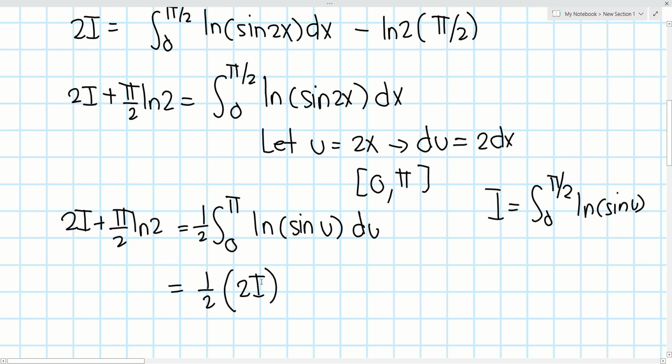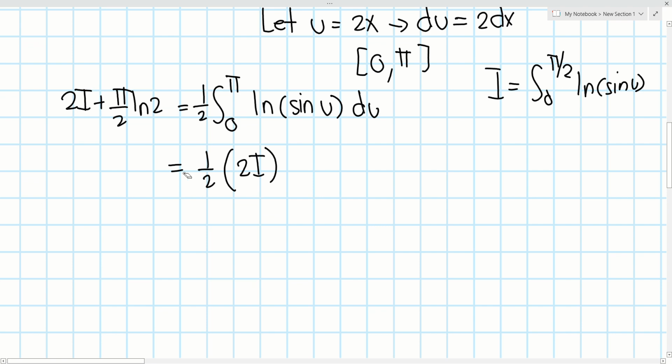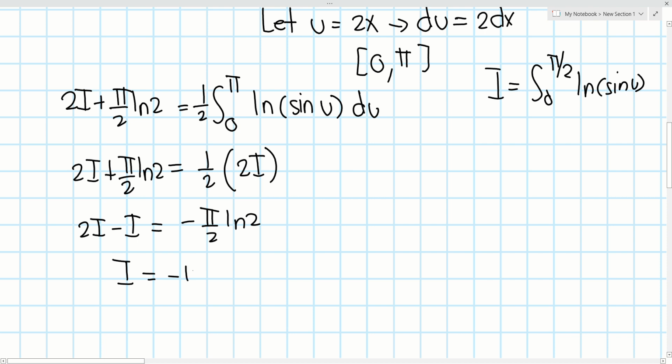Alright, so if that's 2I, you can simplify things. 2I plus pi over 2 ln 2, and then we get 2I minus I is equal to minus pi over 2 ln 2. Then finally we get I is equal to negative pi over 2 ln of 2. So this is our final answer.